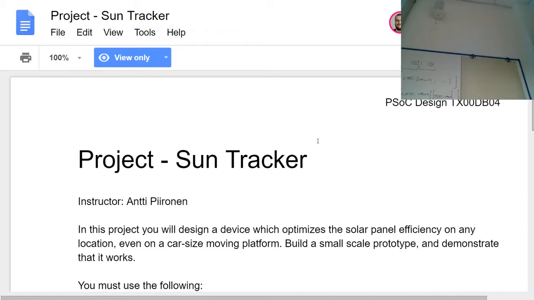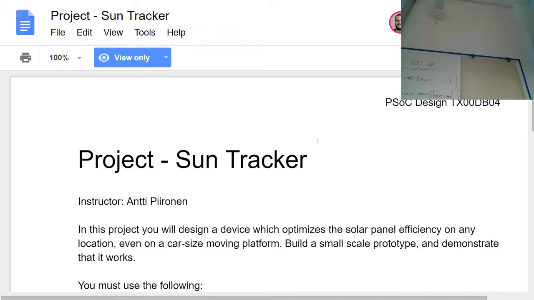And basically, when you find where the brightest spot is, then the other part is easy. Then you just have another set of servos to move the other plate in the same direction. It just replicates the angles.